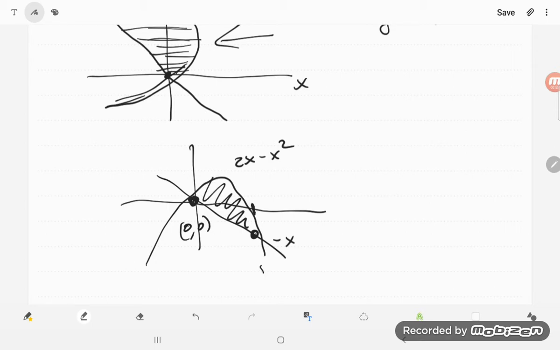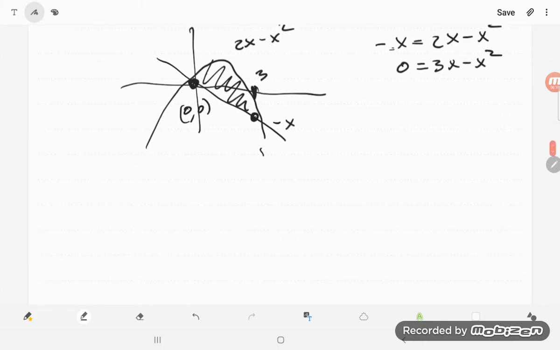Okay, so what's this value here? Well, that's when minus x is equal to 2x minus x squared. So one case is definitely 0, 0. But for another case, I'll add x to both sides. You get 0 equals 3x minus x squared. Oh, that's at 3. And so we want an integral from 0 to 3.